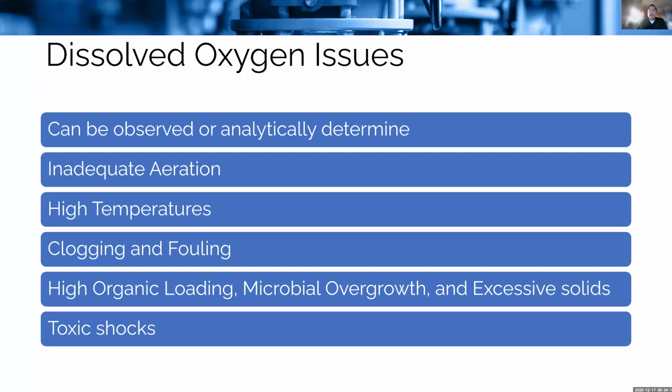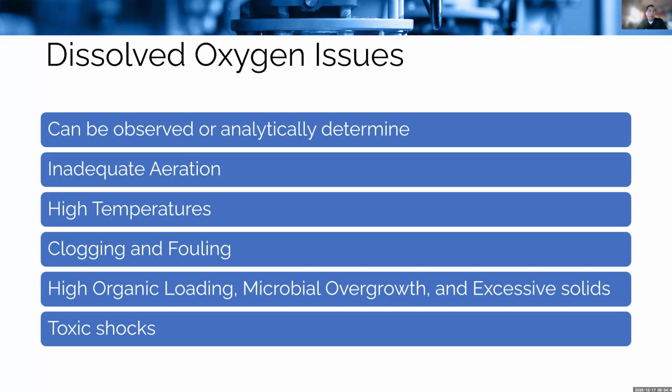Inadequate aeration tends to lead to inadequate treatment of your overall activated sludge process. Higher temperatures can lead to dissolved oxygen issues because, like I said, oxygen is more soluble in colder temperatures. So when you have increased temperatures, this will inhibit the ability of your wastewater to hold dissolved oxygen, and it's less available for your microbes.